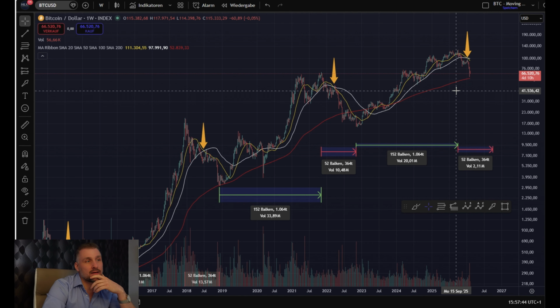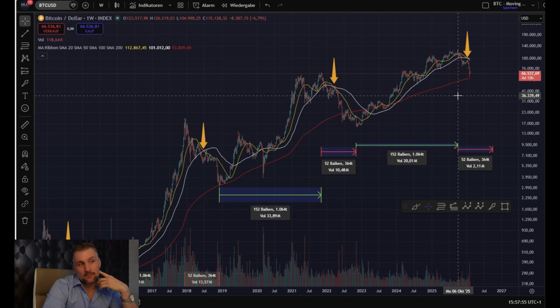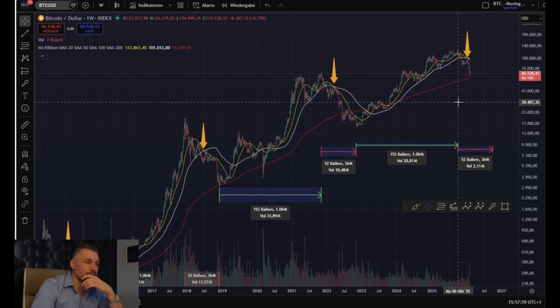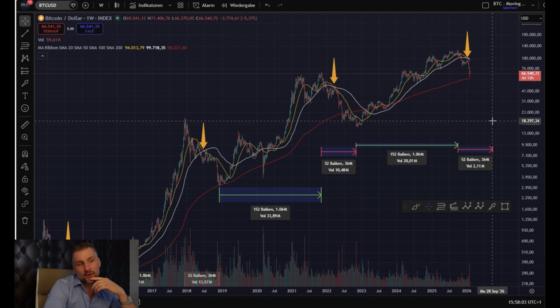And if we now assume that each cycle has the same length, then it could make sense to use the information from our previous cycle, because that would point out to the first week of October.